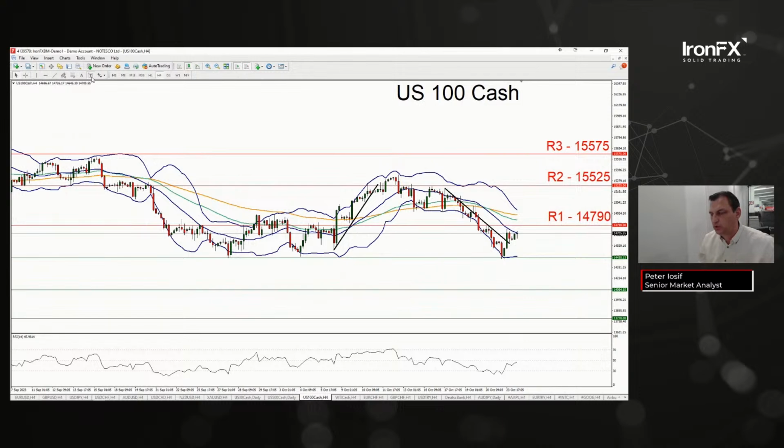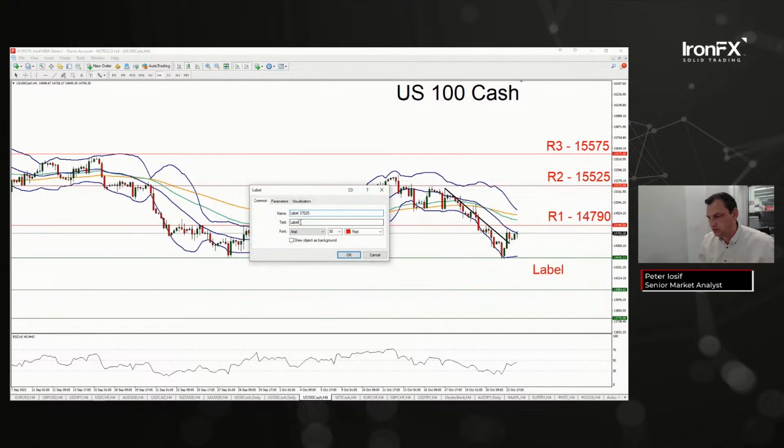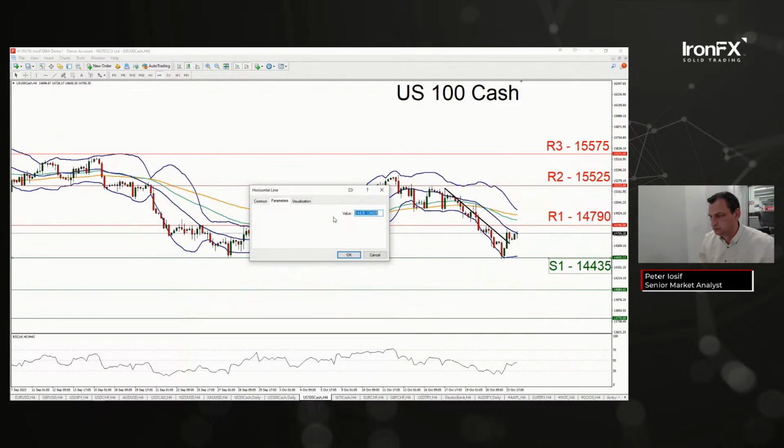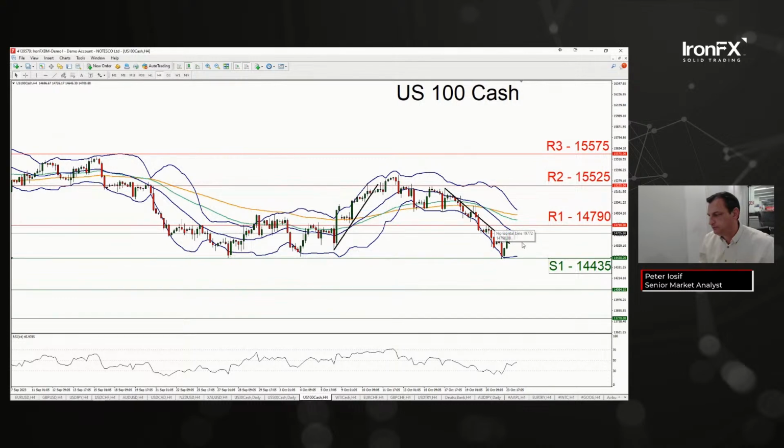Moving to the first support line. 14,435 in green. Could go down to 30 maybe. Yep.